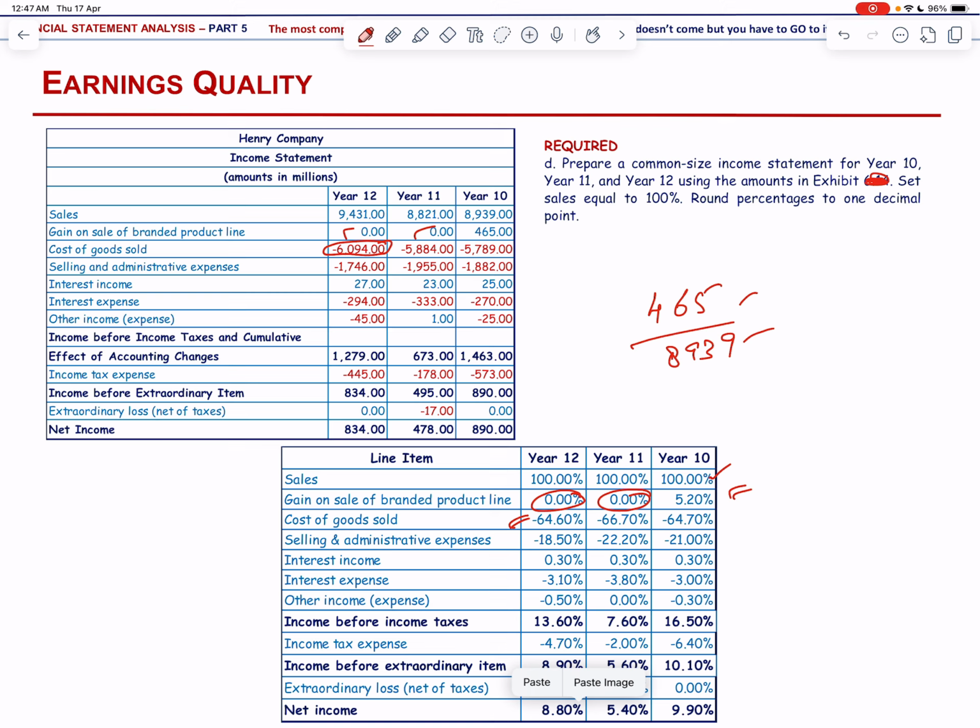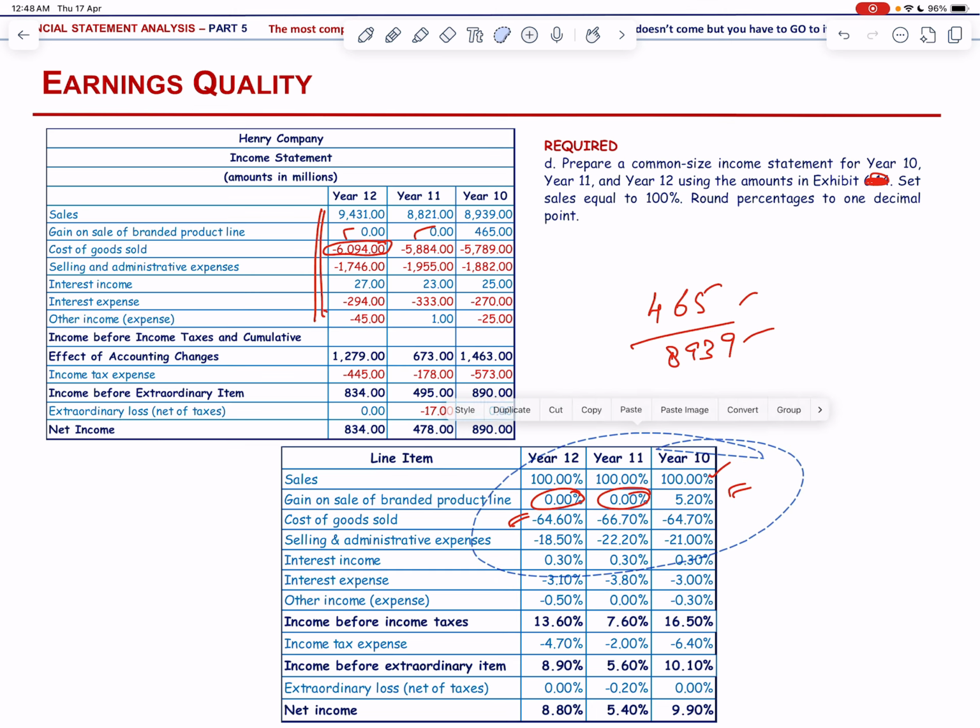So all these values have been used to get these common size values over here, and then for the income before income taxes we have simply added up these values.